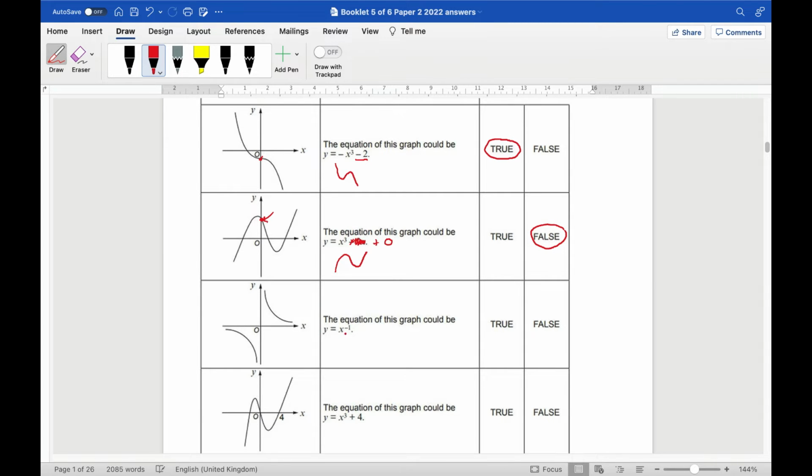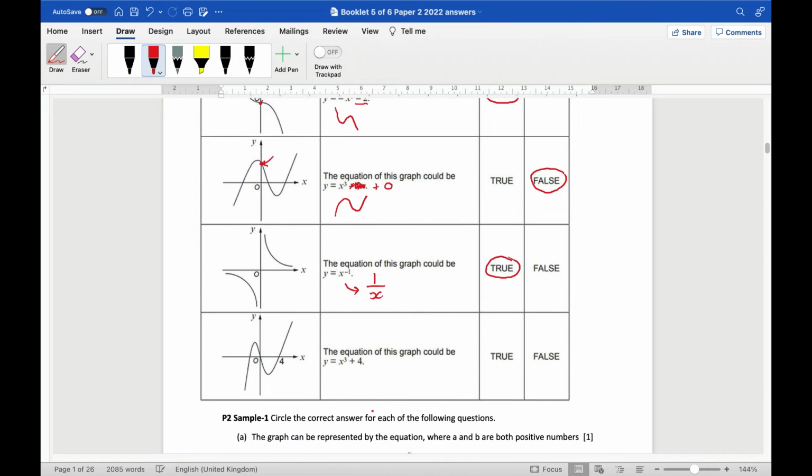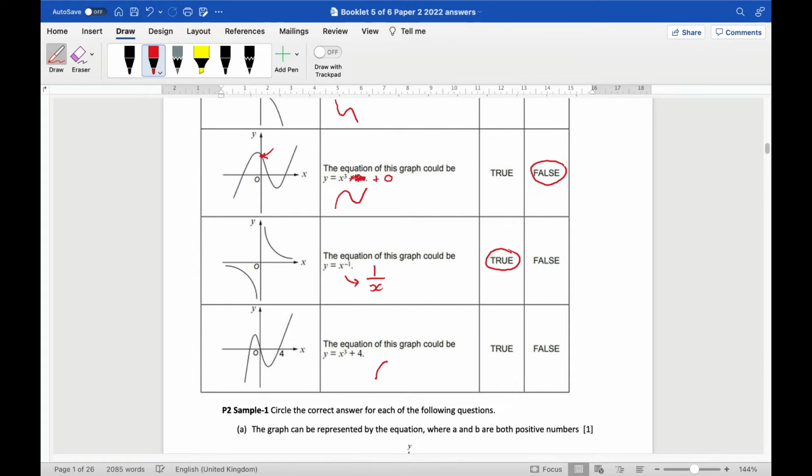This is dodgy, right? Because we need to show an idea of what a negative indice means. A negative indice means 1 over. So that is the same as that, which is a reciprocal, which is exactly what that is. And here, I'm looking for that shape again, which I've got, okay? But I'm looking for it to cut at +4.